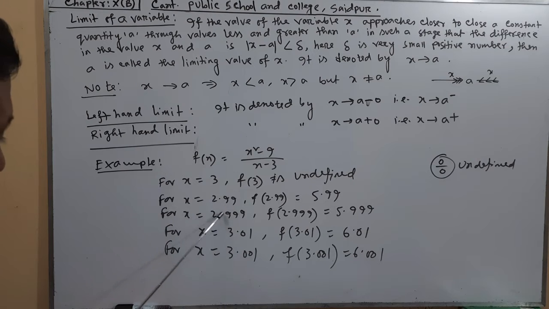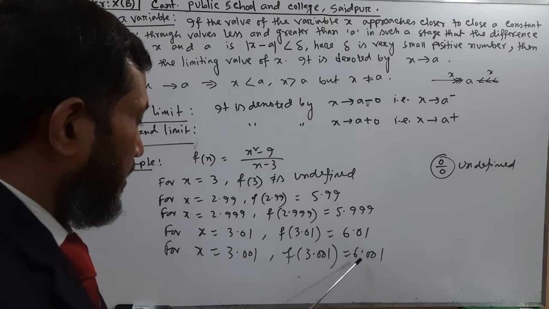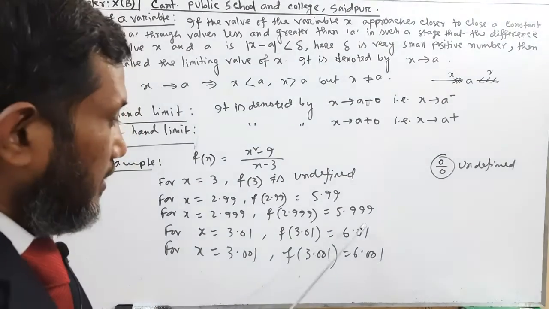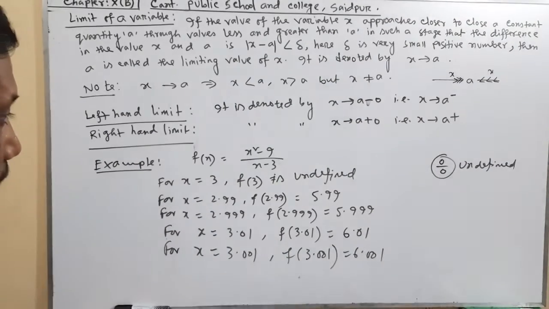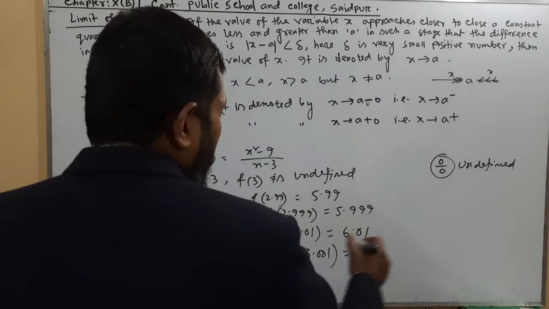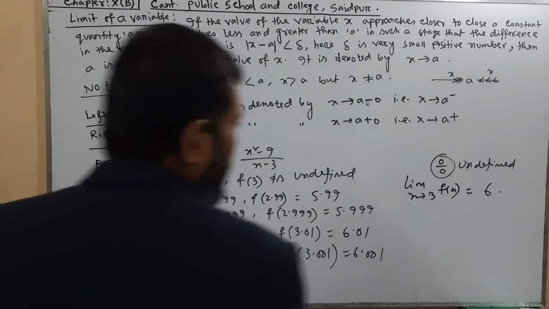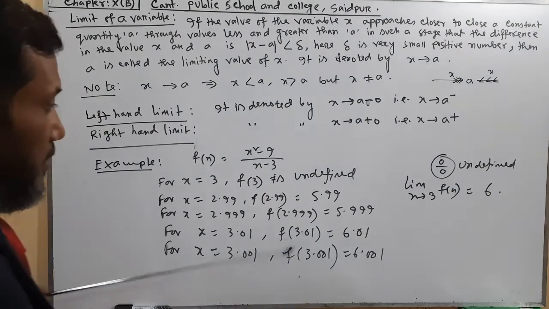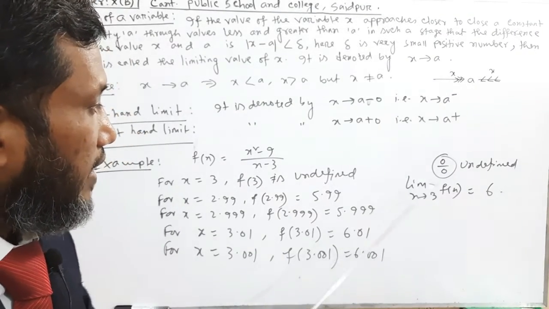Putting these values in the function, we get 6.01 and 6.001, very close to 6. So the limit of this function as x tends to 3 is 6.